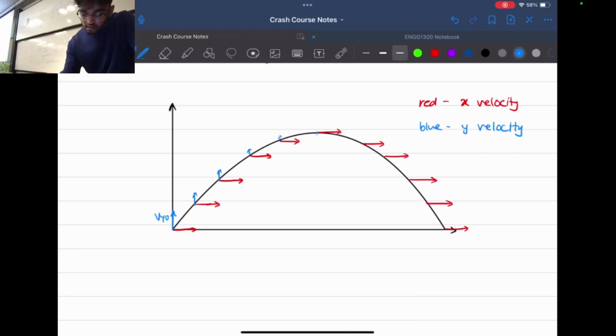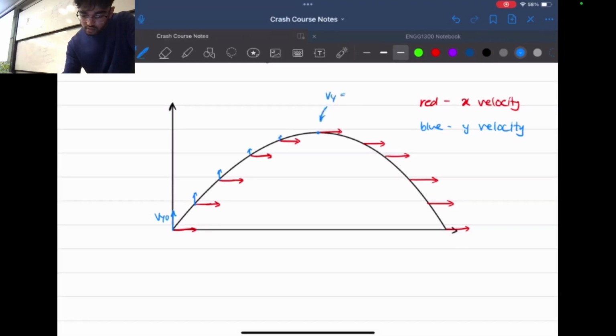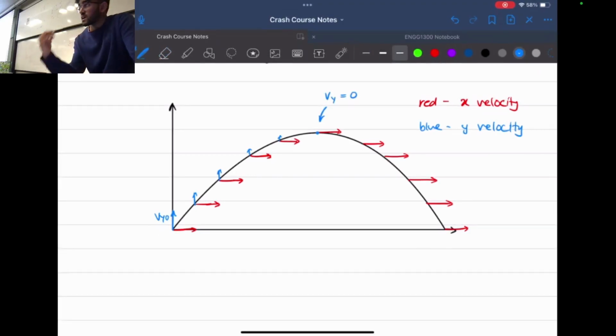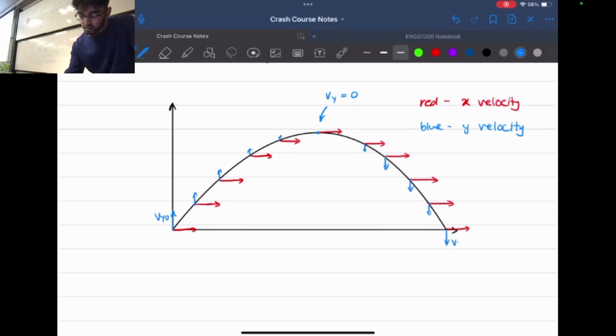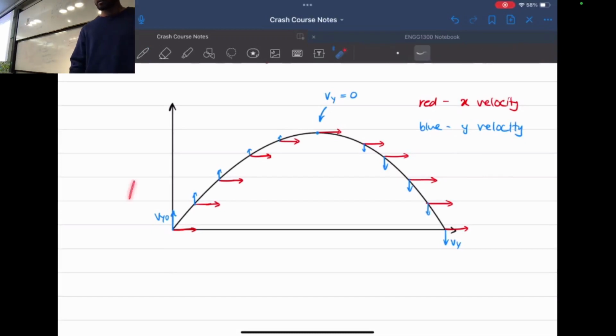So I'll say Vy is equal to 0. But on the way down, it will start to increase again, because our velocity is going the same direction as gravity. So a bit bigger, larger, and the largest. That's Vy. That's pretty much what the velocity distribution will look like along the path.